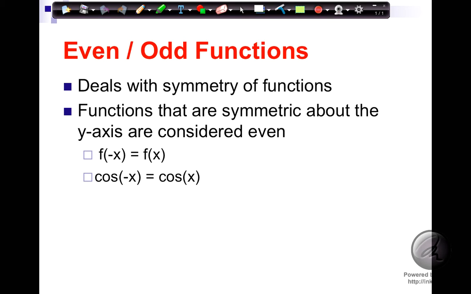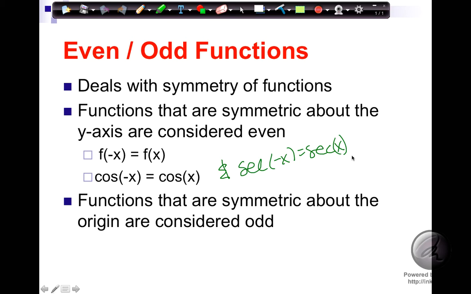So cosine of negative x is equal to cosine of x. And secant of negative x is secant of x. And the other four functions are all odd. An odd function looks like this: if you plug in a negative value, you get out the opposite of the original function. So sine of negative x is negative sine of x.